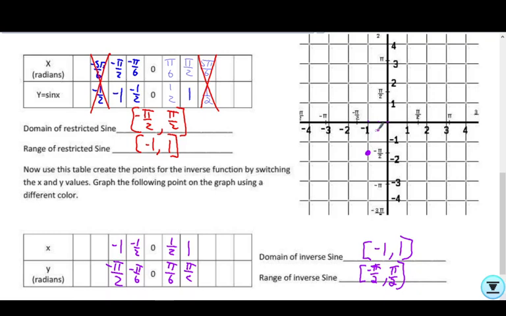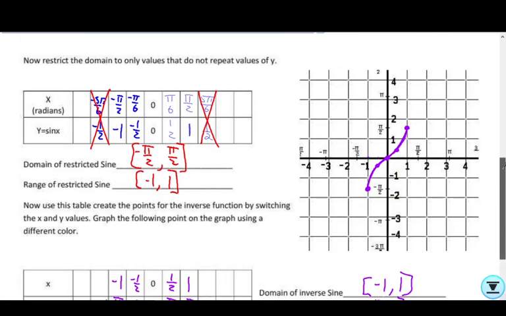It's going to be something like there. 0, 0, 1/2, pi over 6, which is going to be like right there. And positive 1, pi over 2, which is right there. And when you connect your dots, it looks like that. That is the inverse sine wave.